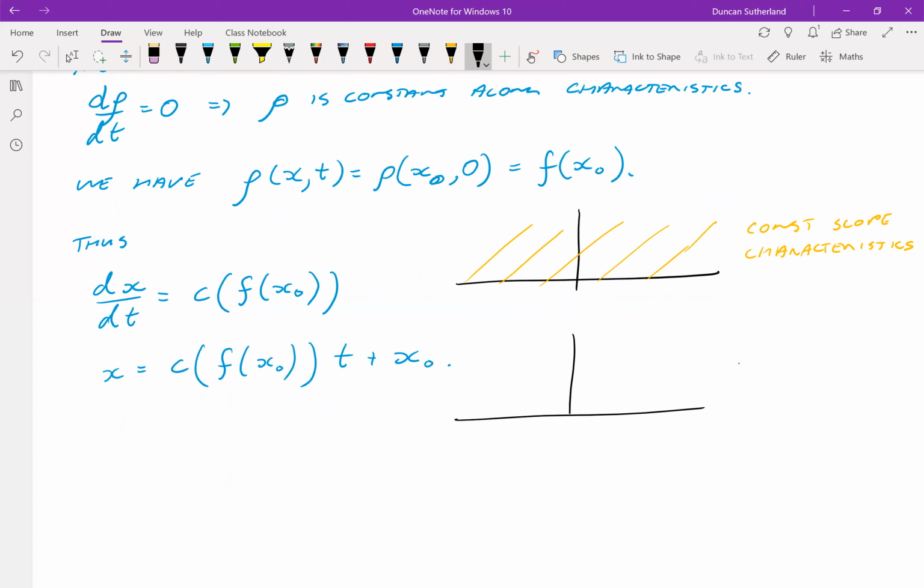There's also the possibility that your characteristics look like this, right? Which is called a fan. So we know what's going on out here, but there's actually extra stuff going on in here.